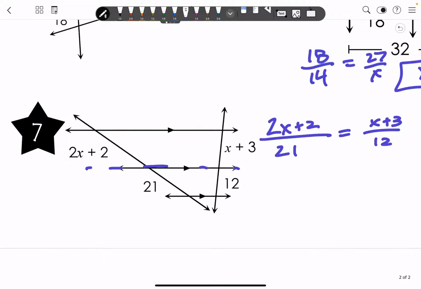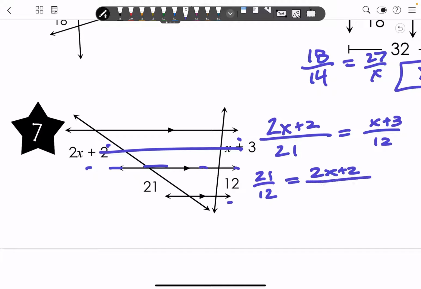So we can do it this way, one over the other, up and down, up and down. Or you can also do it where you're just going straight across. So I can do 21 over 12 is equal to 2x plus 2 over x plus 3.